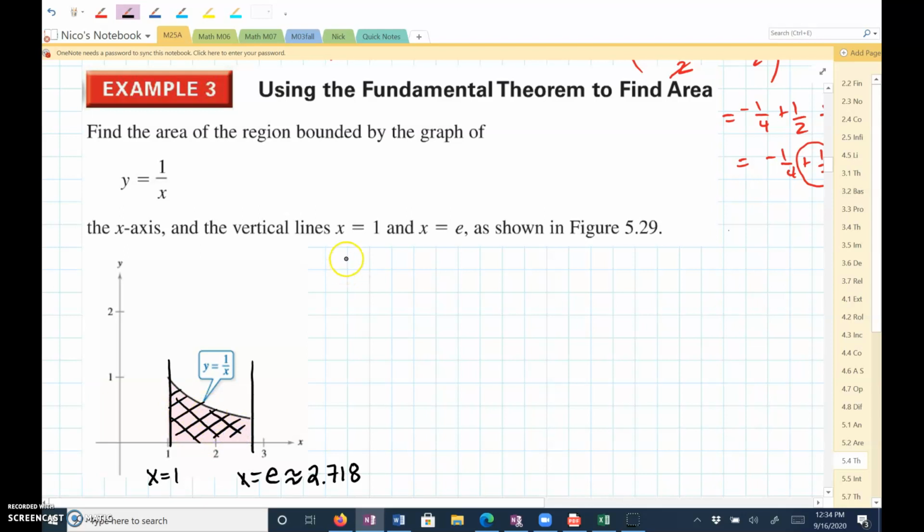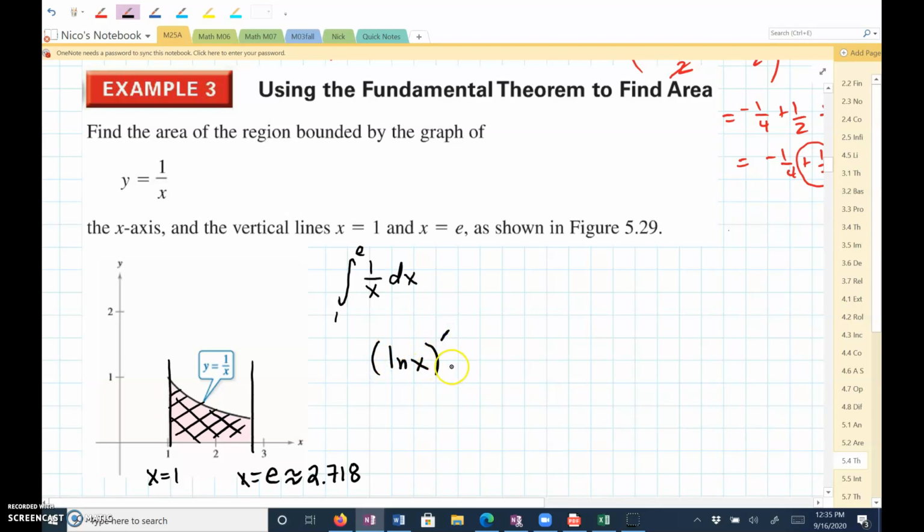Okay, to do that, we're going to do the integral from 1 to e of 1 over x dx. Okay? Now, let's go back and talk about the derivative, the natural log of x.